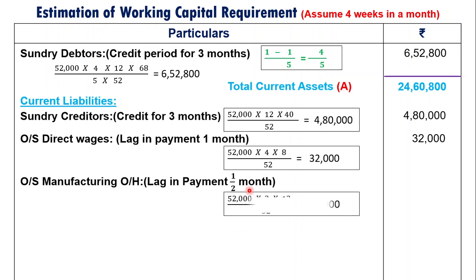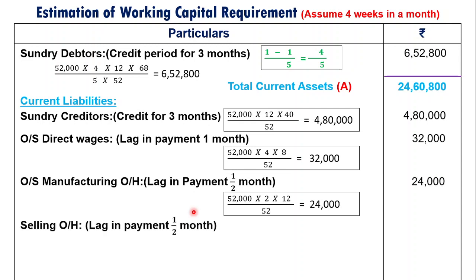So 2 weeks should be taken into account. 52,000 is the level of units into 2 divided by 52 into 12 rupees per unit as per our calculation of manufacturing overhead. So 24,000 is the value of outstanding manufacturing overhead to be recorded in the outer column.